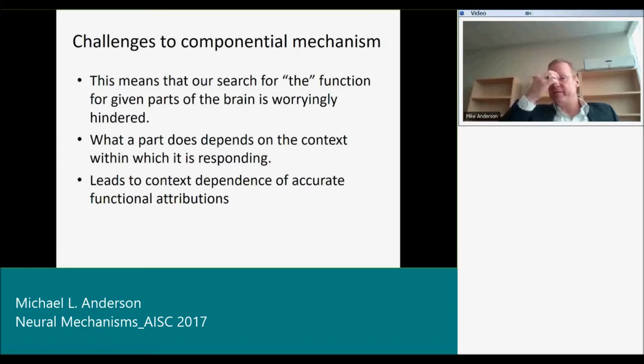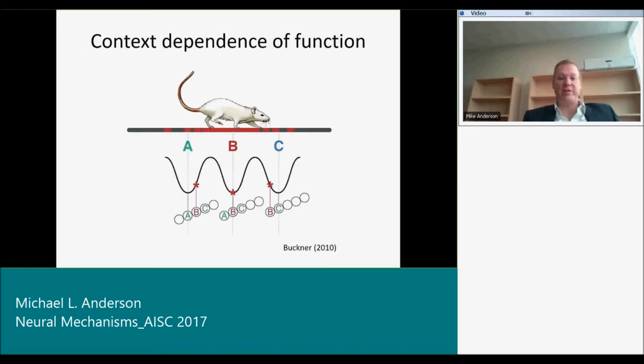What a part does depends on the context within which it's responding, and I think this may go back to Joe's talk in a certain way, and leads to context dependence of accurate functional attributions. Right? What we should say a particular part of the brain does is going to depend on the larger context. Here's one very particular example. So this is a review by Randy Buckner of hippocampal place cells.